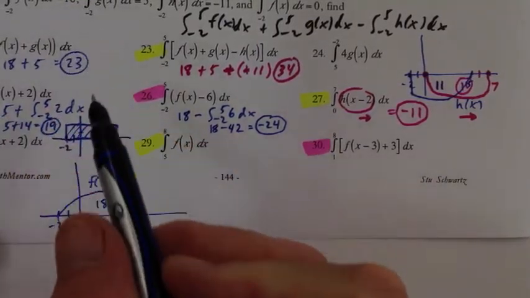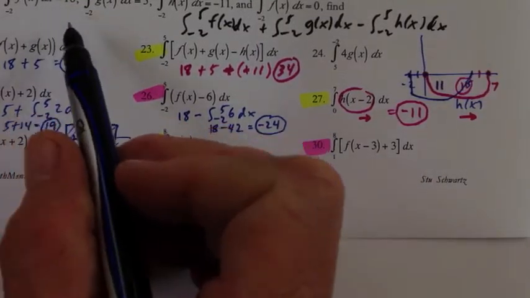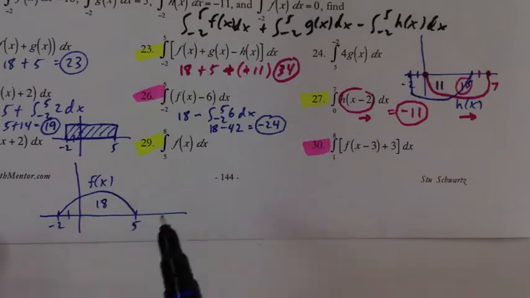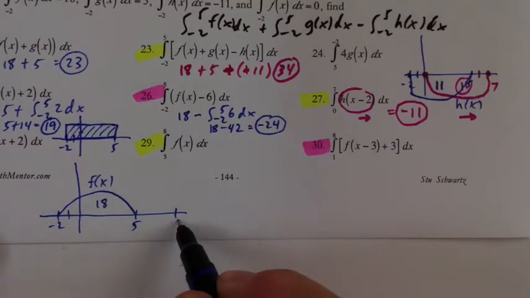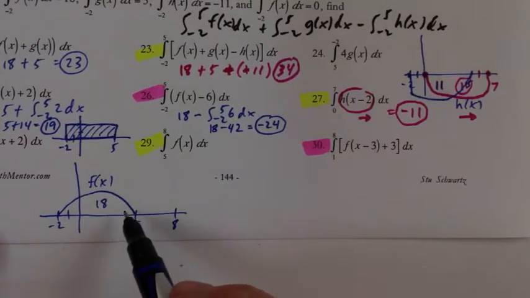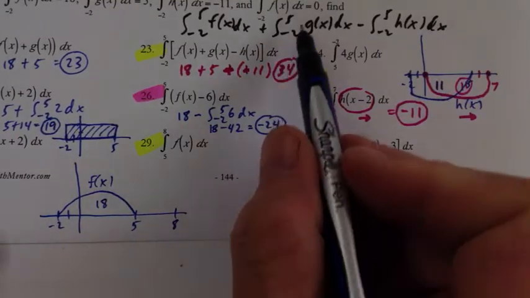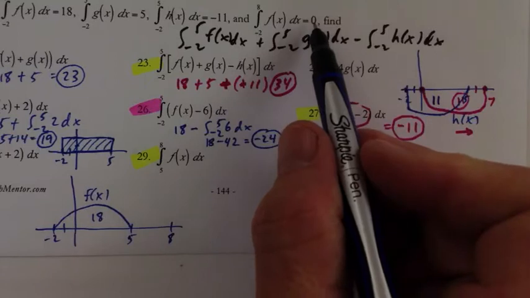We're not given any more information other than the net area between the curve and the x-axis between negative 2 and 5 is 18. And then from 5 to 8, we know that the integral from negative 2 to 8 is given to us to be 0.